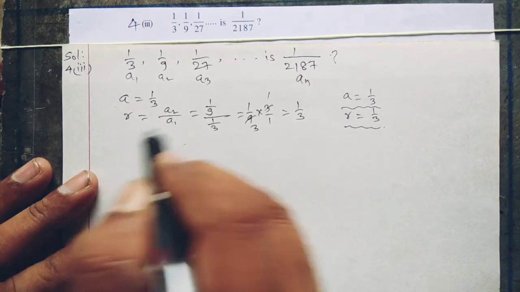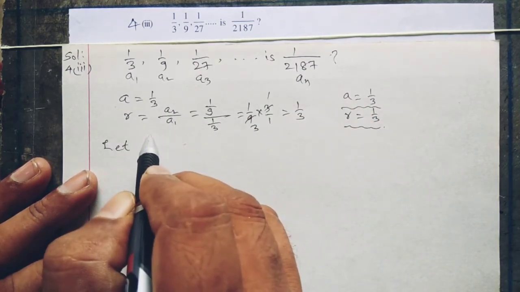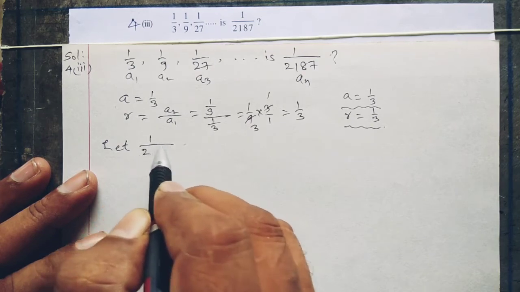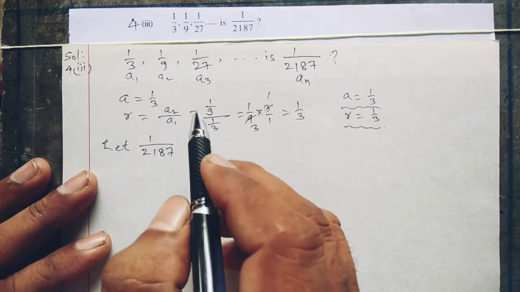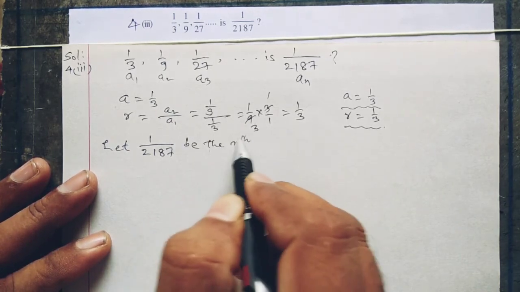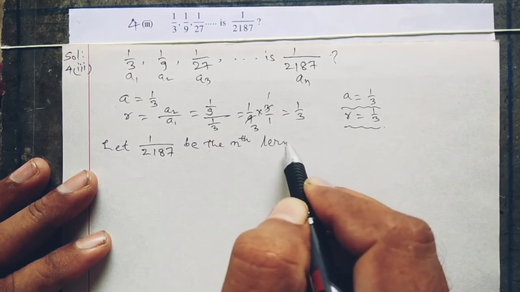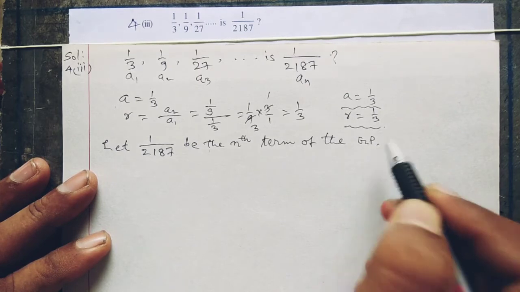Now let 1 by 2187 be the nth term of the GP.